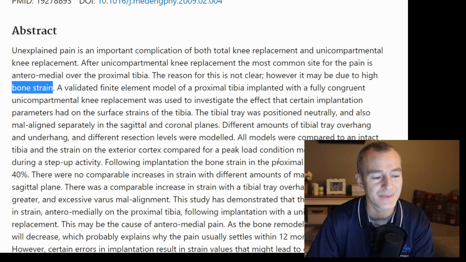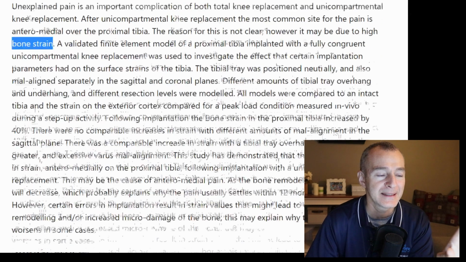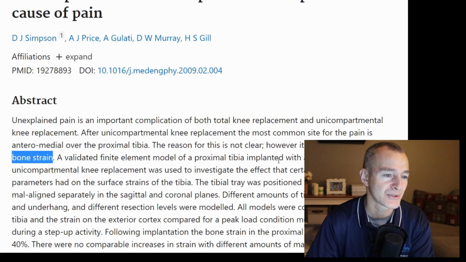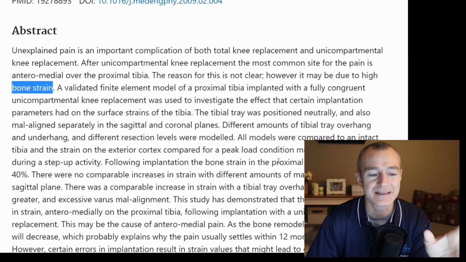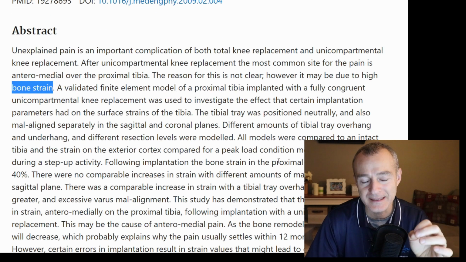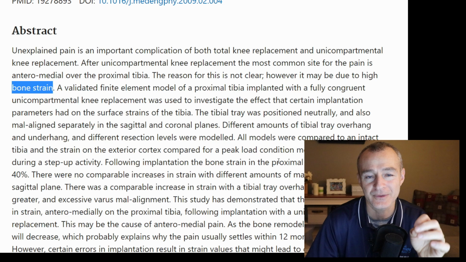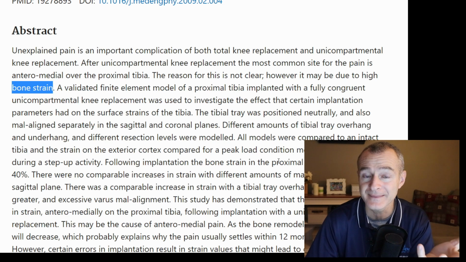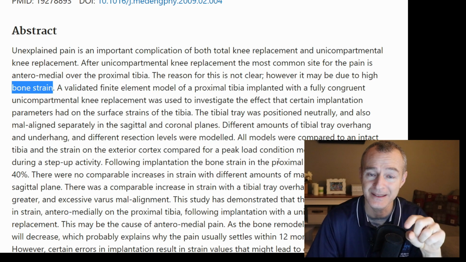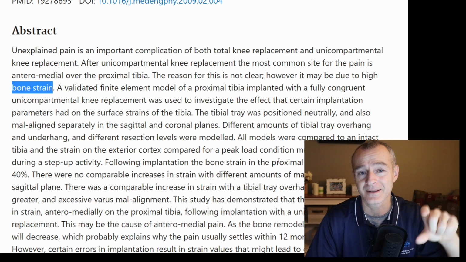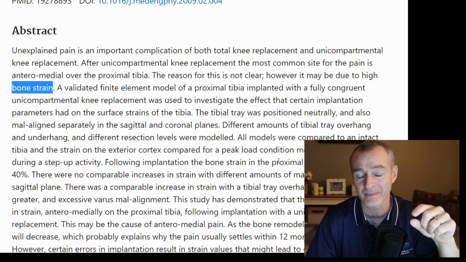So essentially, just to paraphrase, we're not going to go through the whole study. This is a PubMed journal article. The study found that different loading occurs through the knee in different areas, through the bones of the knee. The bones of the knee are the tibia, the fibula running along the outside, and the femur above.